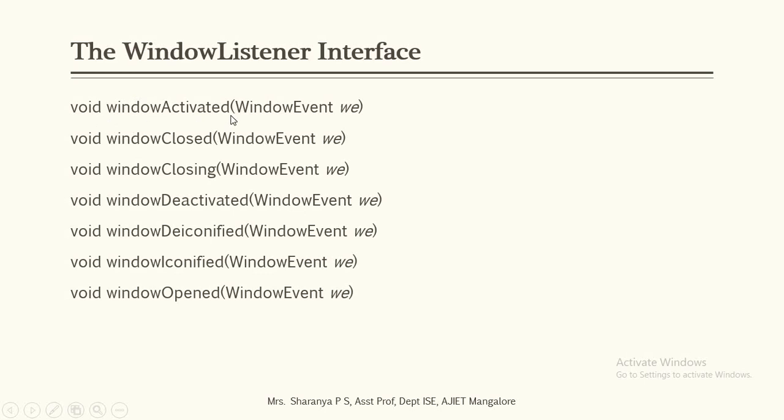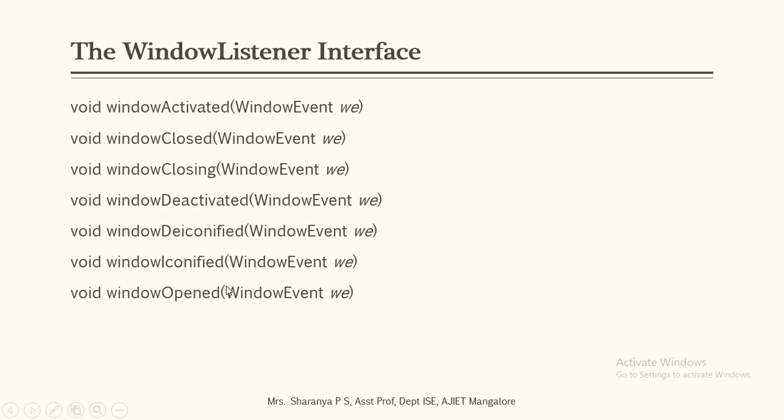And one major convention that we have followed when defining the method name is: the first word will be the component name from where the events are getting generated, and the second word will be the event that is generated, usually like activated, closed, closing.